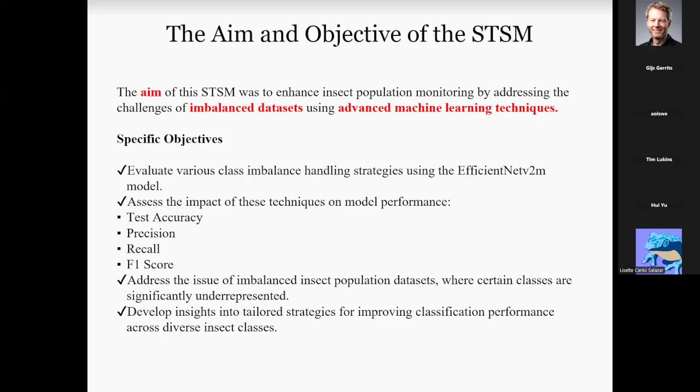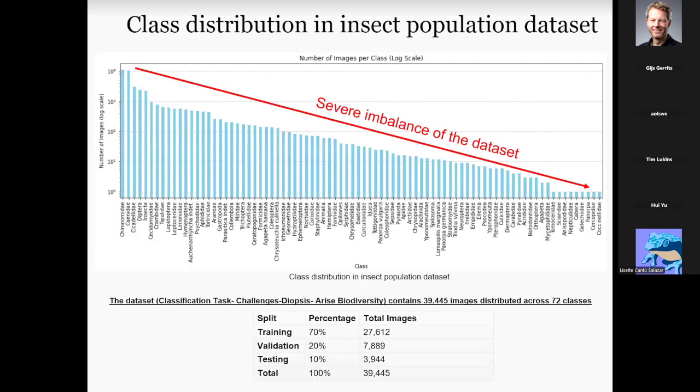For this purpose, the specific objective was to evaluate various class imbalance handling strategies using the EfficientNet version 2 medium-sized model as the base model, and assess the impact of the methods that we tried on model performance by looking at the test accuracy, precision, recall, and F1 score, and address the issue of imbalanced insect population datasets where certain classes are significantly underrepresented.